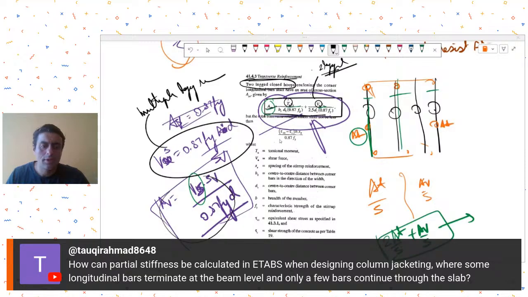Then Mr. Tariq Ahmad is asking, how can partial stiffness be calculated in ETABS when designing column jacketing, when some longitudinal bars terminate at beam level only and few bars continue through the slab? See, I will say that stiffness will not be so much affected by your reinforcements. Okay.